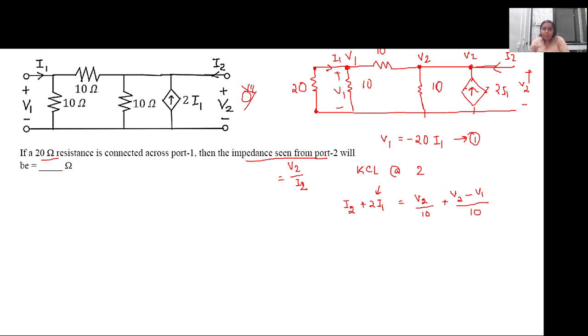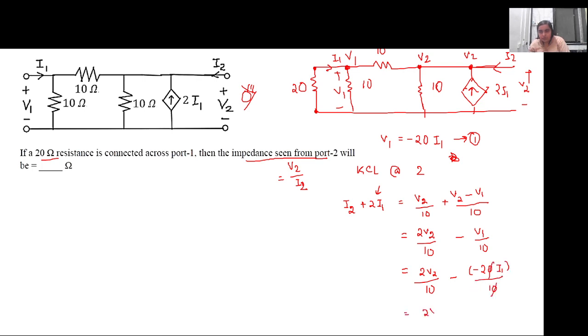Let us see how we can simplify. This can be written as 2V2 by 10 minus V1 by 10. From the condition V1 equal to minus 20 into I1, I'll replace it in equation 1: 2V2 by 10 minus, in place of V1, minus 20 into I1.